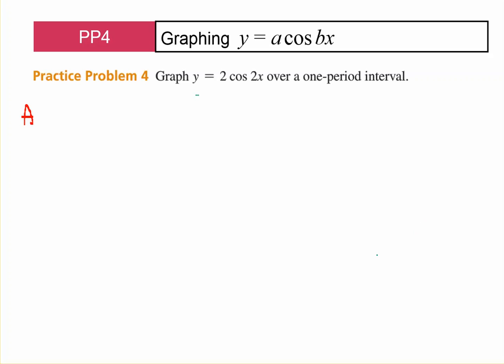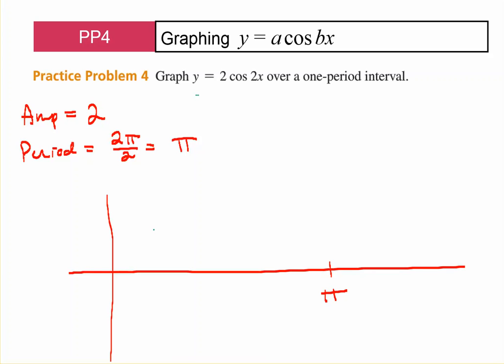All right, I'm going to start here as well. First I'm going to label things as an amplitude, which is 2. Once I know these little pieces, I think I got the rest of it here. So period is 2 pi divided by the b value. So if I get that, tell me if you guys are okay with that. Period should just be pi, right? We are shortening the period by 2.